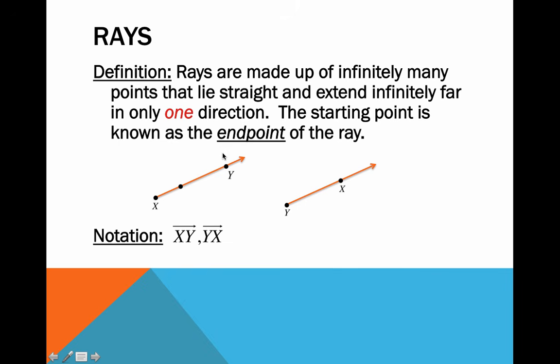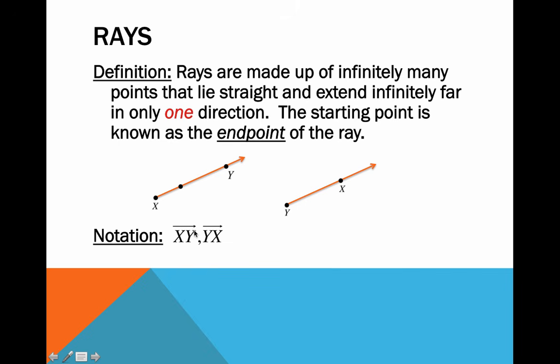When labeling a ray, we will choose 2 points on that ray, but the first point we choose must always be the endpoint of that ray. For the ray on the left-hand side, we must label that as ray XY, with the appropriate symbol at the top.